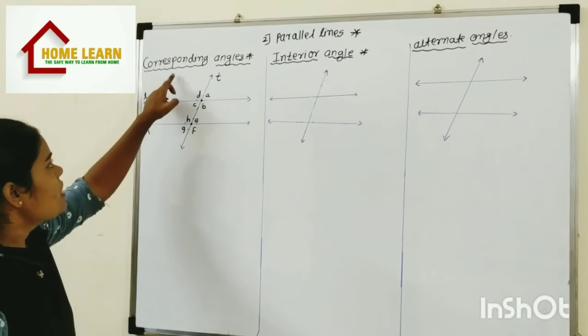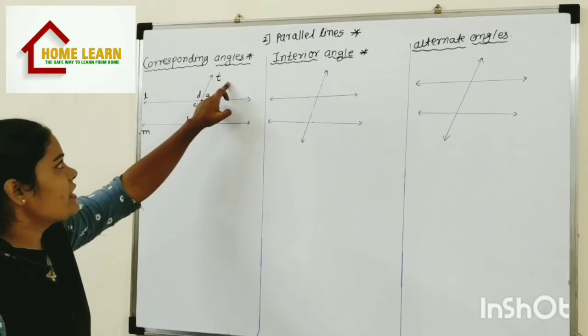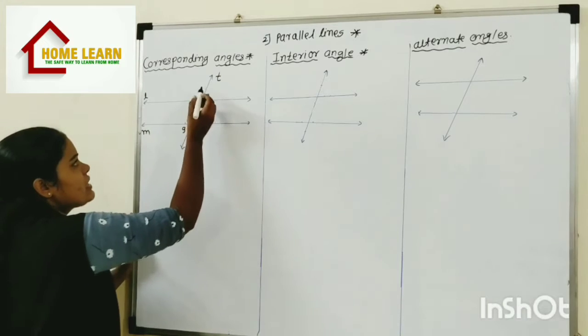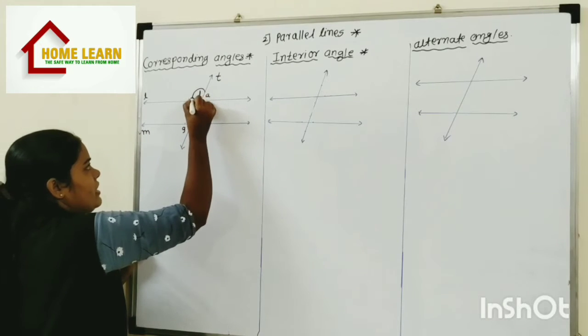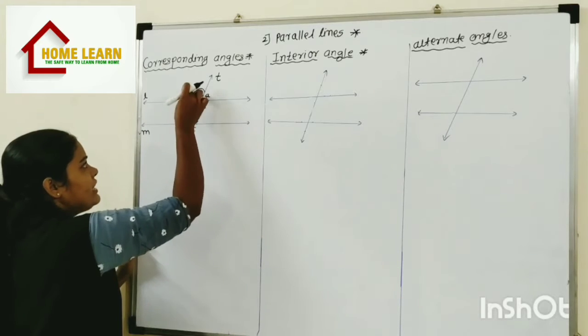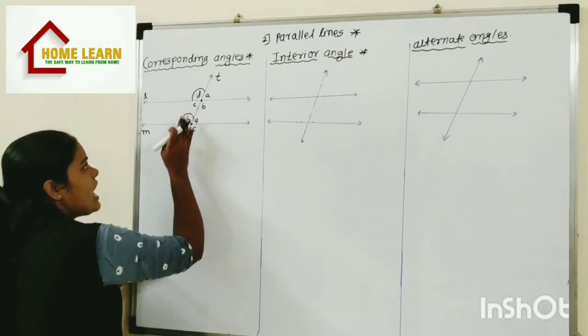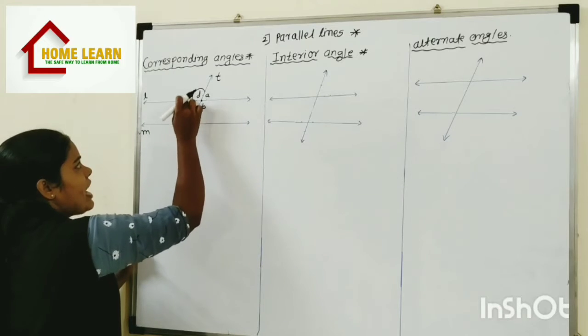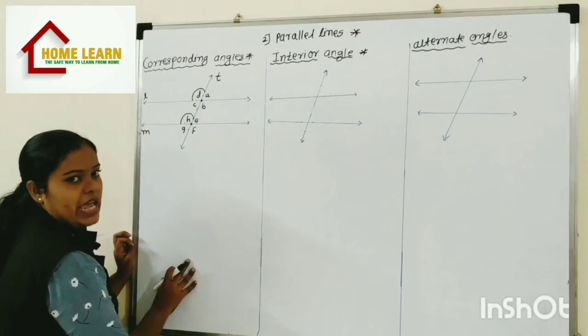Corresponding angles are angles which lie in the same direction. That means angle D and angle H lie in the same above direction. This pair of angles is called corresponding angles.